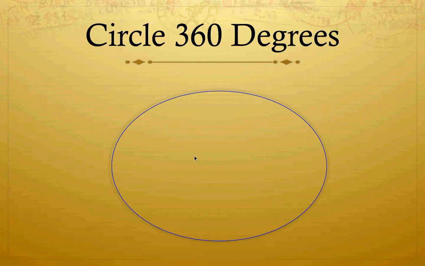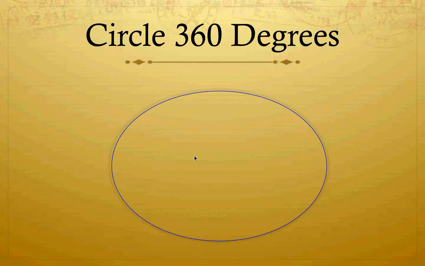So to break it down simply, if you understand just a little bit about geometry, a circle has 360 degrees in it. And we know that the sun and the moon travel at a rate that is consistent with a circle.